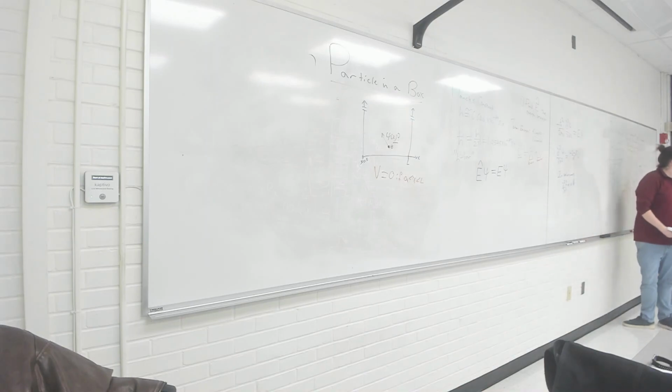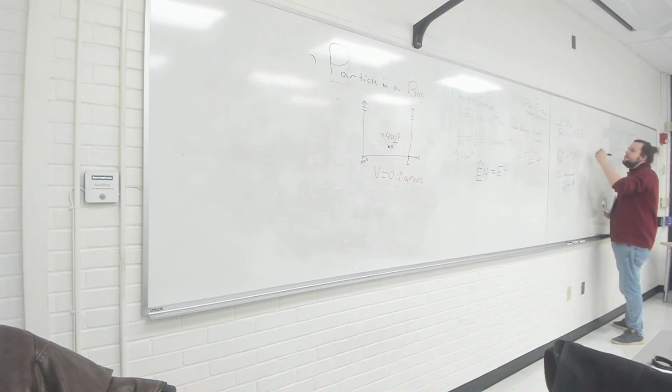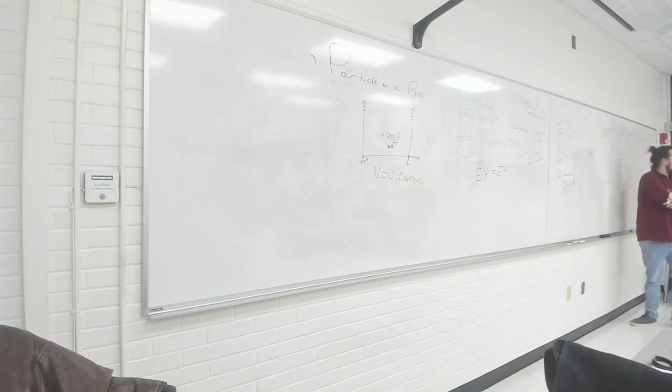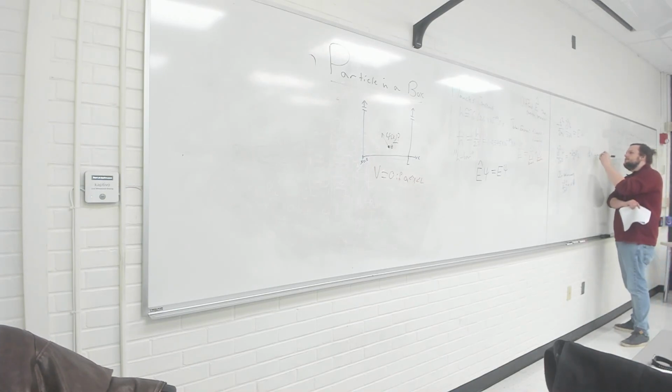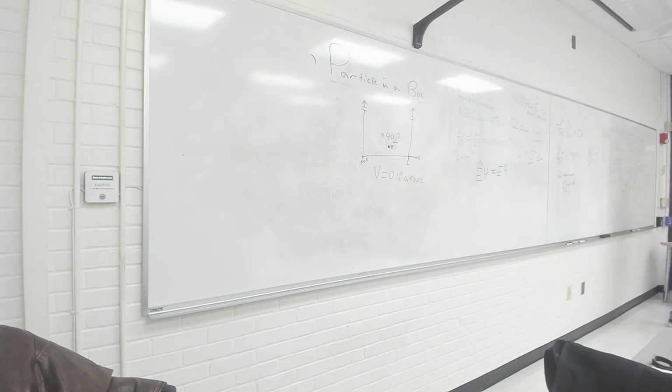So what are some functions that when you take the derivative of them, they come back the same? And here's a hint. What's the derivative of e to the x? E to the x. What's the second derivative of e to the x? E to the x. Okay, well, there's a good guess.